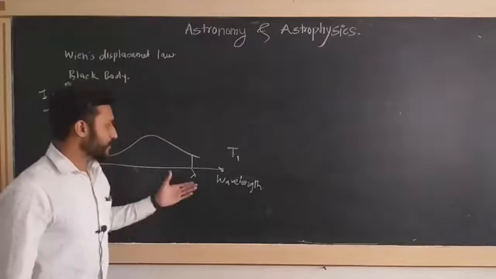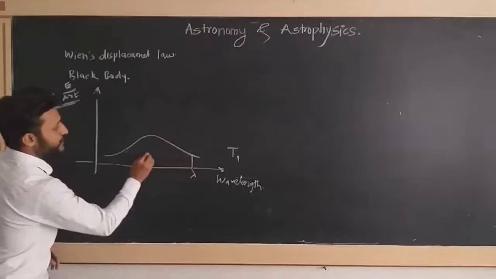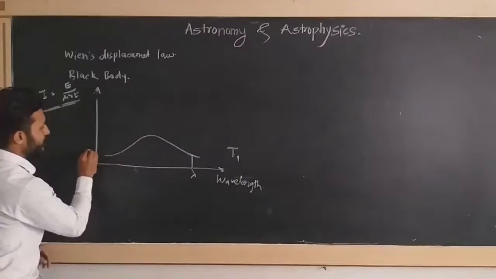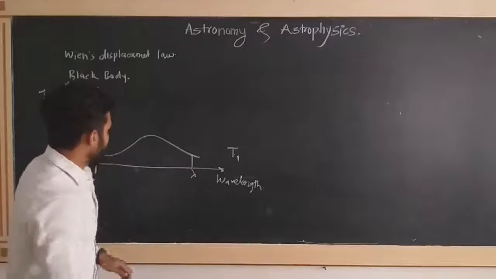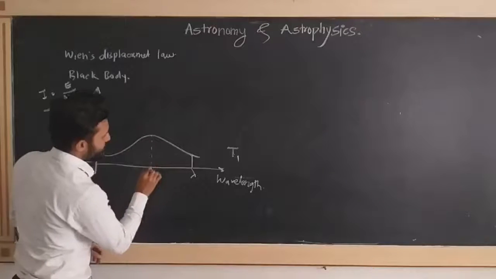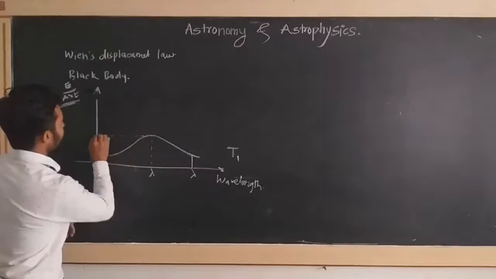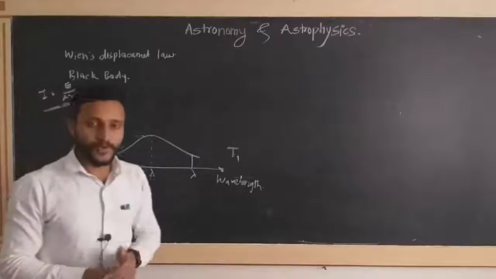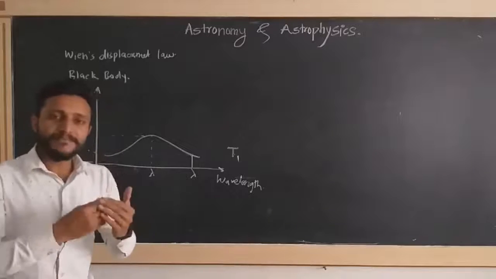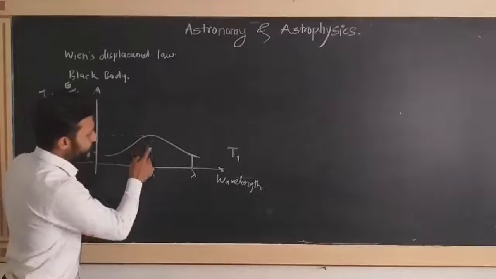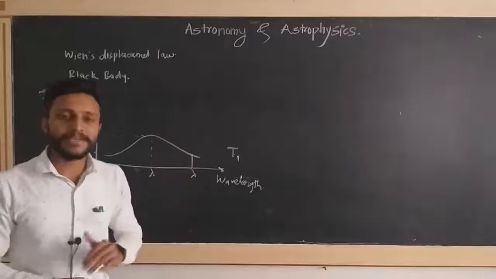At this particular wavelength the amount of radiation emitted is this much, something like that. But at this other particular wavelength, a large amount of radiation is emitted, which is having maximum intensity.